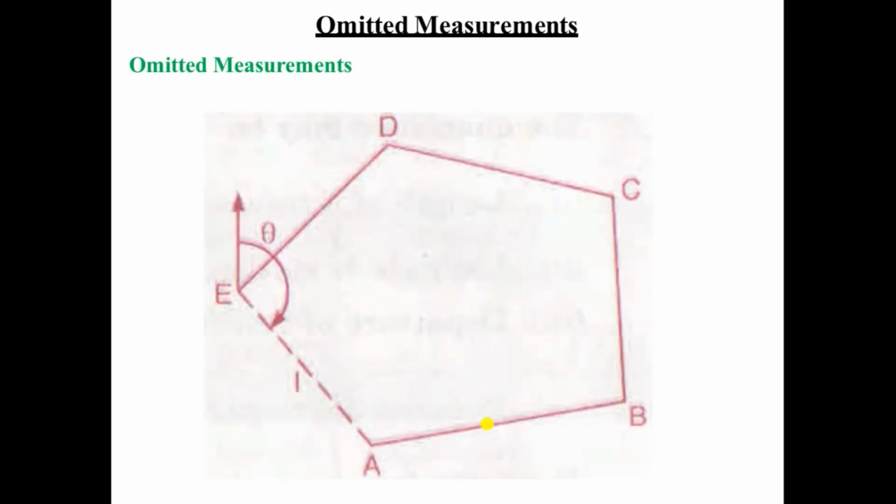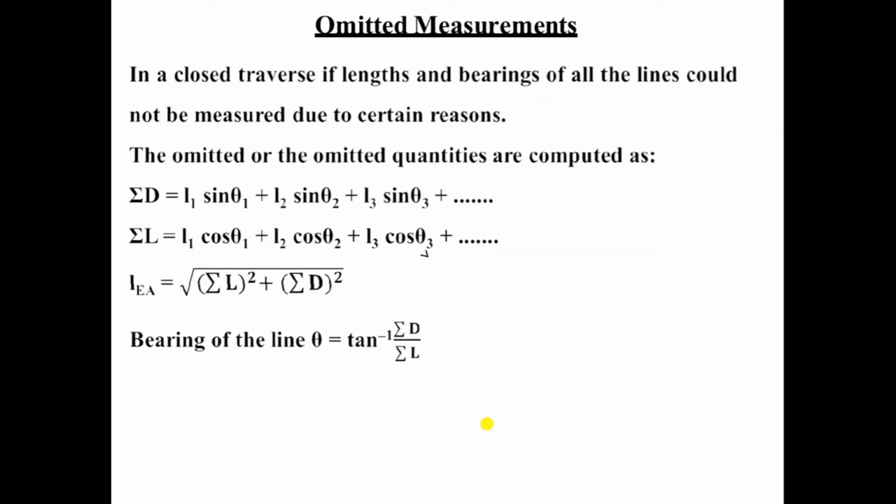Now we are seeing in the picture that we don't have the measurement of the length and bearing of line EA. So we find the length and bearing of the line that could not be measured for certain reasons. The omitted quantities are computed as: summation of departure is equal to L1 sin theta 1, L2 sin theta 2 and L3 sin theta 3, and sum of latitude is equal to L1 cos theta 1, L2 cos theta 2 and L3 cos theta 3.